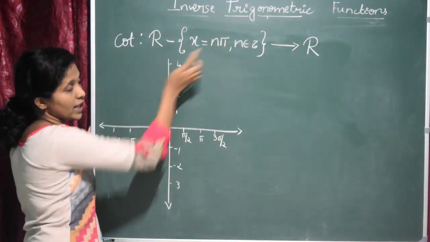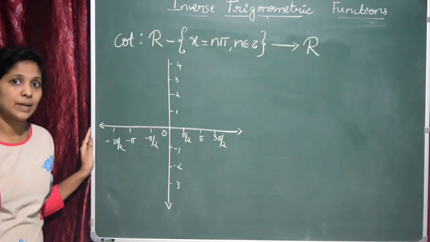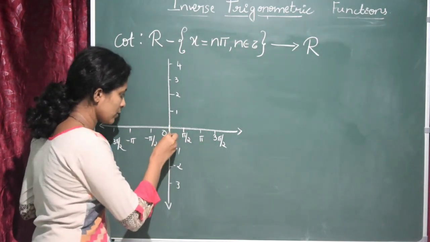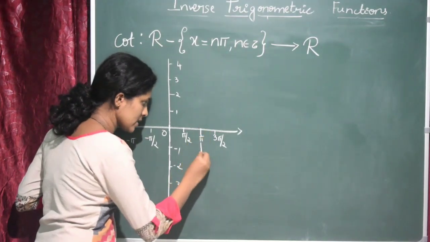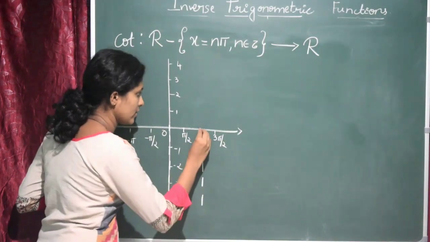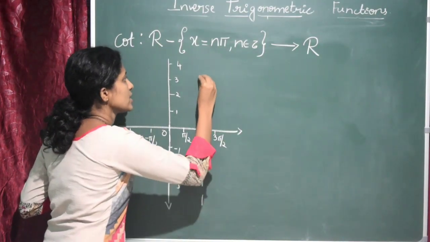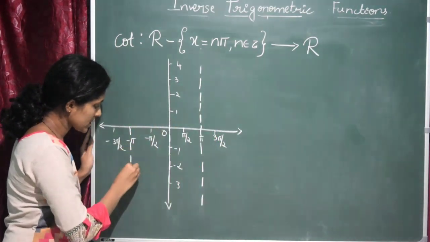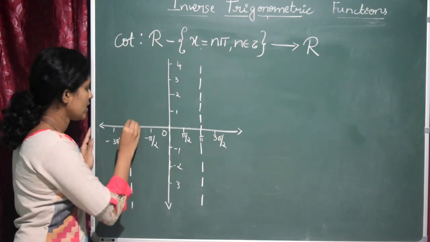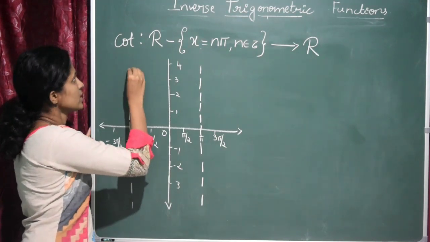Where it is not defined, x is equal to n pi, multiples of pi. So at 0 the function is not defined, so this should be a dotted line. At pi also the function is not defined, right? Then 2 pi is also not defined. Here minus pi is also not defined, right? So we'll draw the graph of this one.